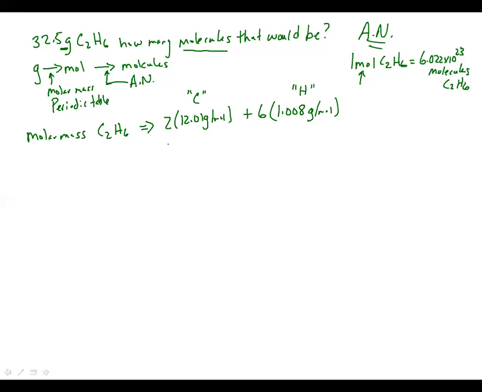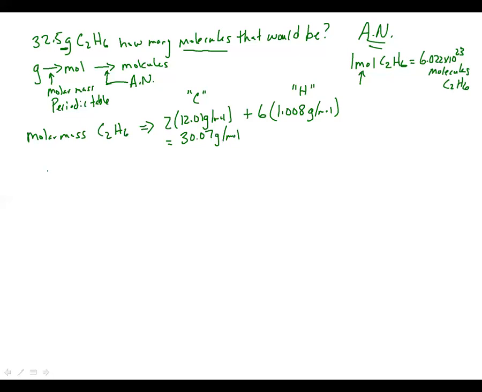And if we add up all that together, grab my calculator here. That is 30.07, and that is 30.07 grams per mole would be the molar mass of our C2H6.